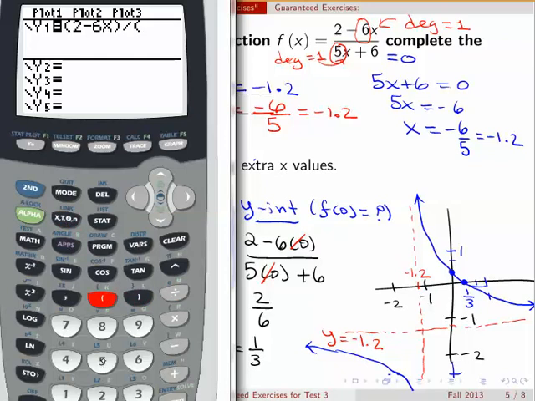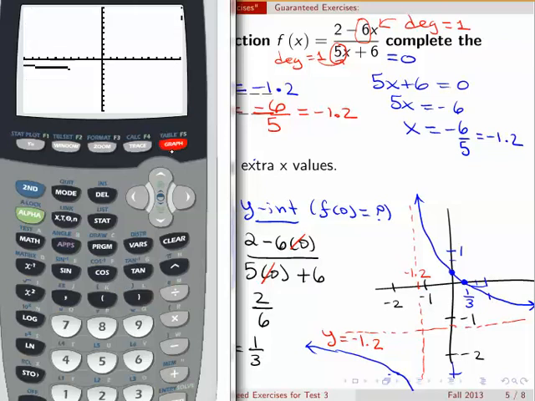Then when you click on graph, you should see a graph that resembles the one we just graphed. If it's multiple choice, you can just graph it using the calculator and then look at the choice that matches the graph.